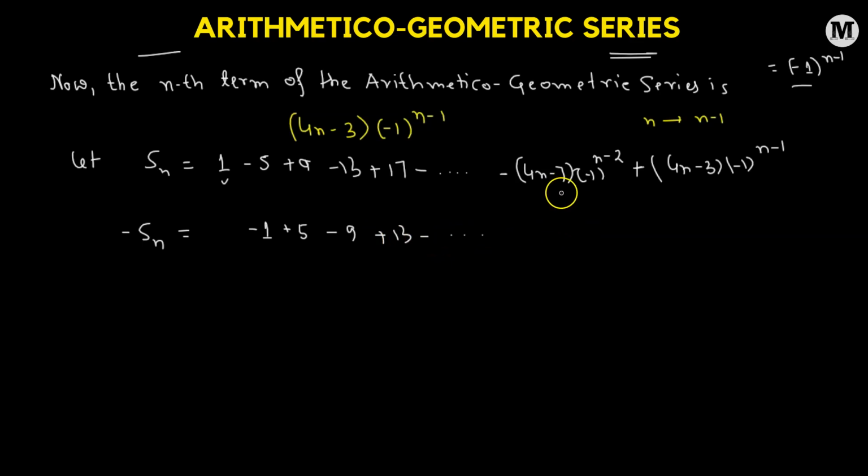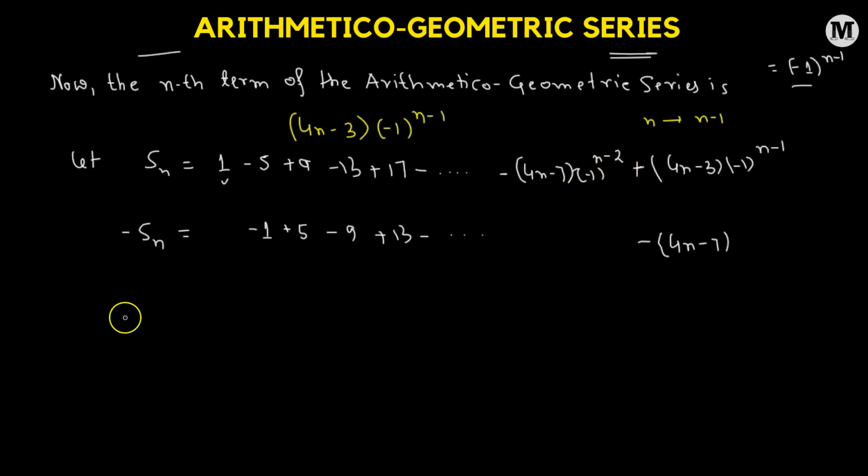Now, coming to the second last term of Sn, we're going to multiply it with negative 1. However, we'll be a little careful when we do the multiplication. We'll keep this negative sign as it is. We have the negative sign multiplied to 4n minus 7. What we are doing here is multiplying negative 1 with negative 1 raised to the power of n minus 2.